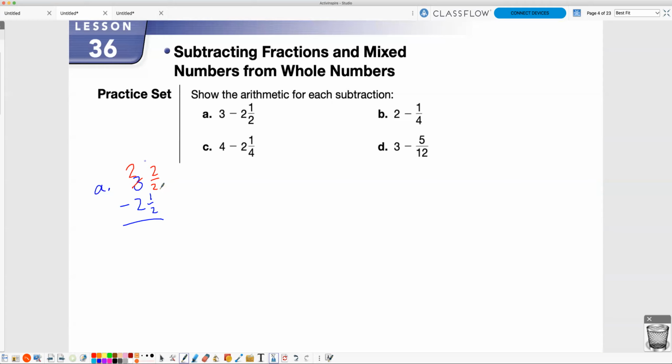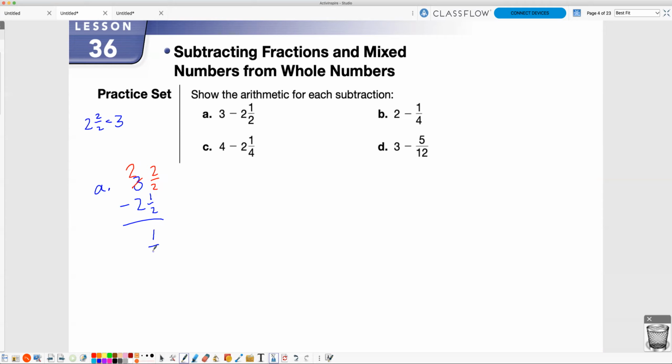1 plus 2 is 3. So we still have 3 minus 2 1/2. We still have 3 because, check this out, 2 2/2 is the exact same value as 3. So we still have 3 minus 2 1/2 essentially. So now you have 2 minus 1, which is 1.